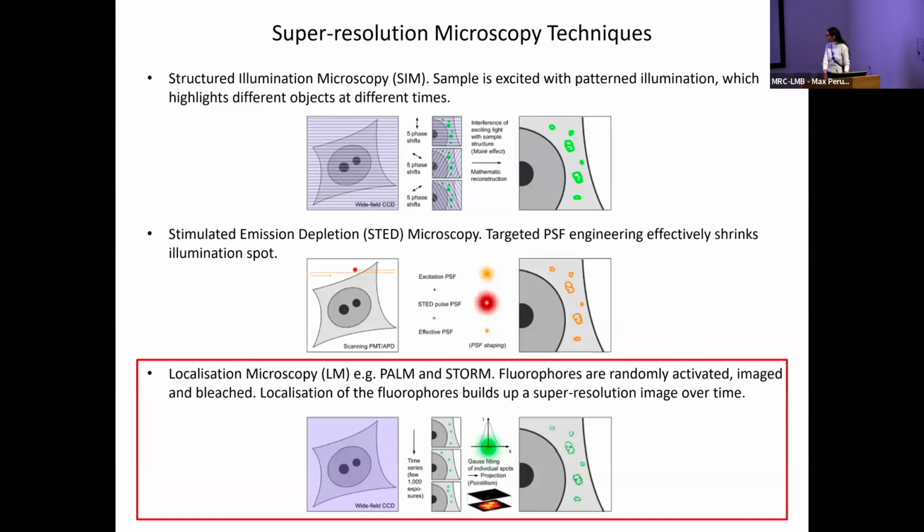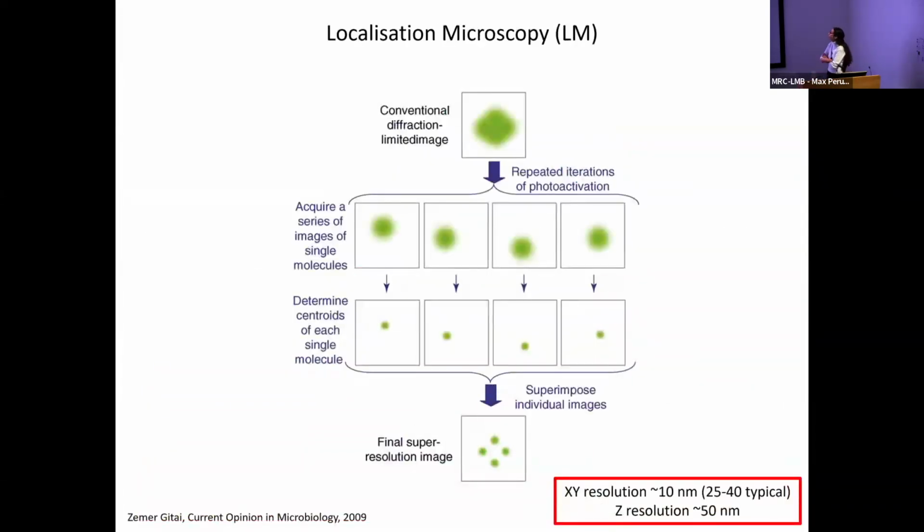So it's exploiting a little bit those properties to be able to resolve your image. And so to describe how it works, if you have an image with a lot of fluorophores that are very close to each other and you can't resolve them, they just appear as a big blob and you don't know how many are there. The idea is to be able to switch them on individually and image them one after another.